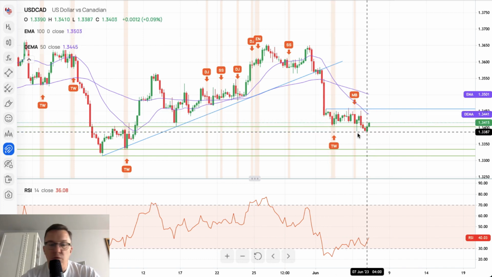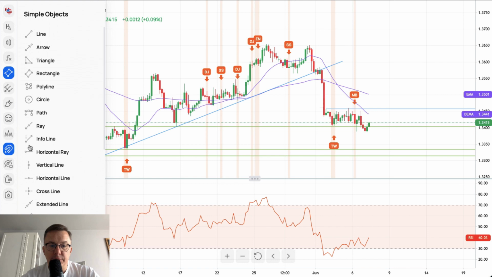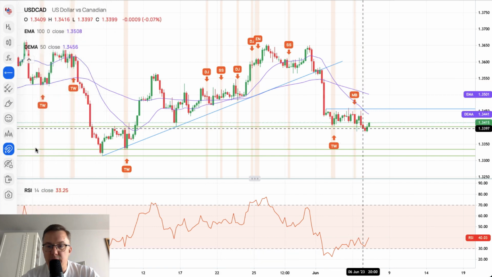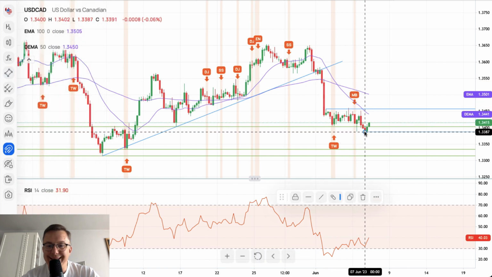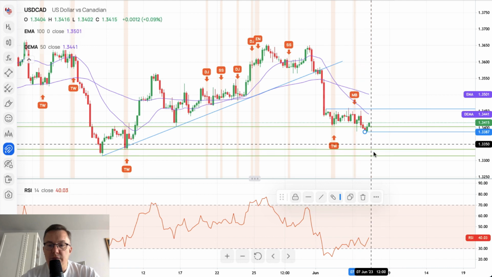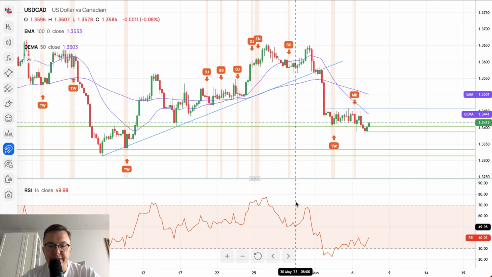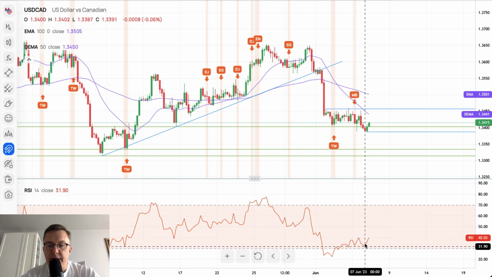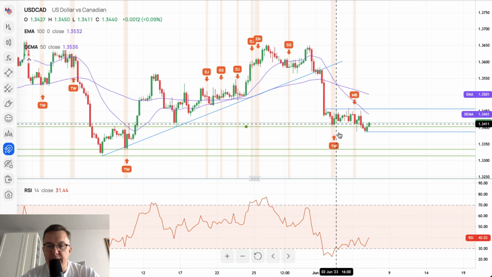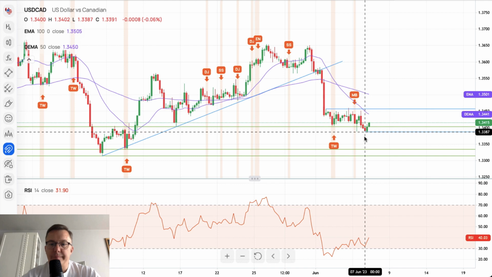The recent low was made apparently, let me put the line on it, at 1.3387, and that low was made during the bullish divergence. You can clearly see that there is increasing momentum on the RSI indicator, and the price is making a new low.